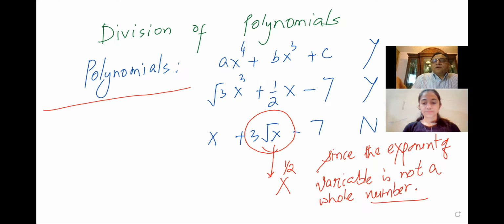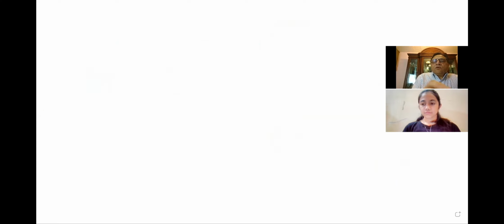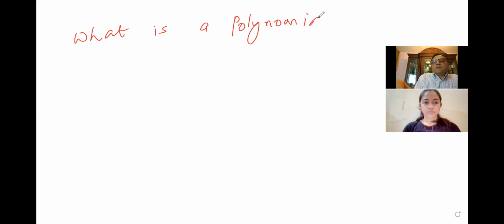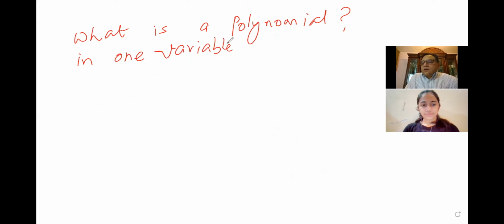So let's move to the fresh screen to understand what is a polynomial, right? So we are actually considering polynomial in one variable, is it okay, for our class today. We could have polynomials in many variables, but we are talking about polynomial in one variable.